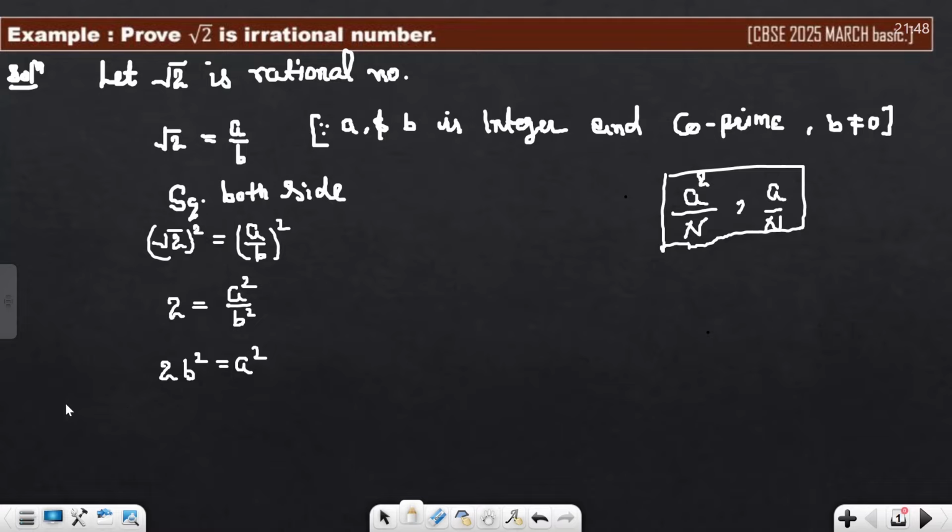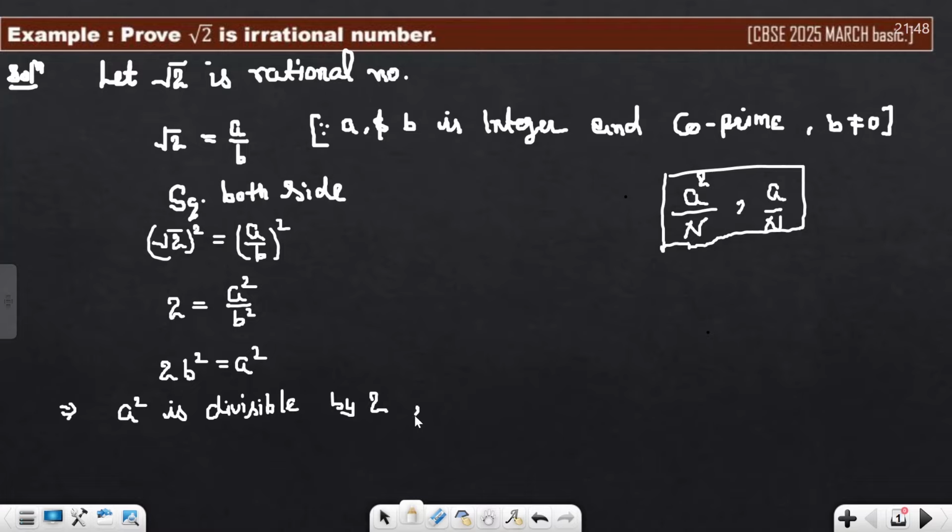Always write here: a square is divisible by 2. If a square is divisible by 2, it can be said that a is divisible by 2.